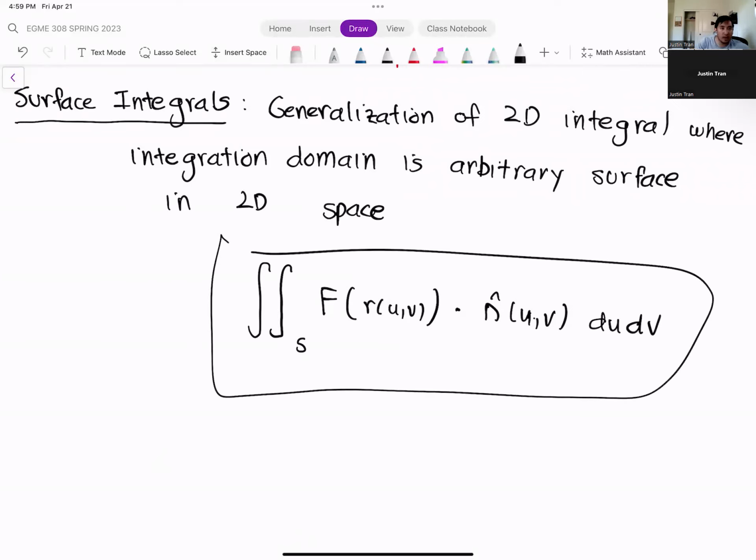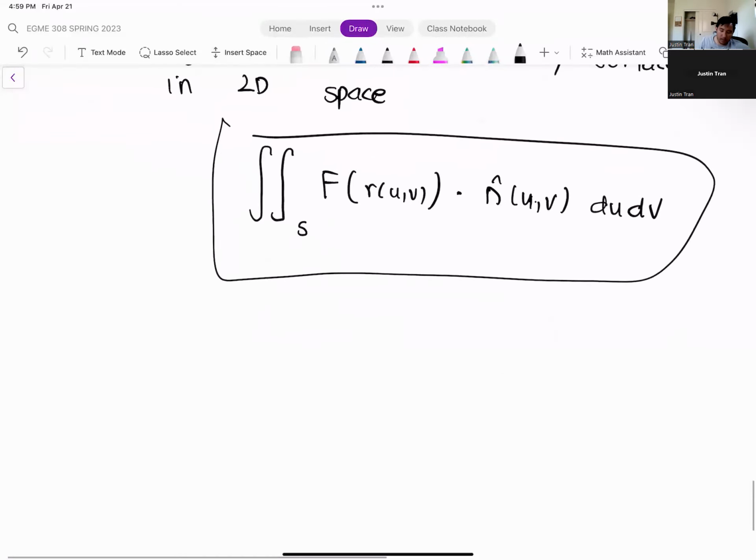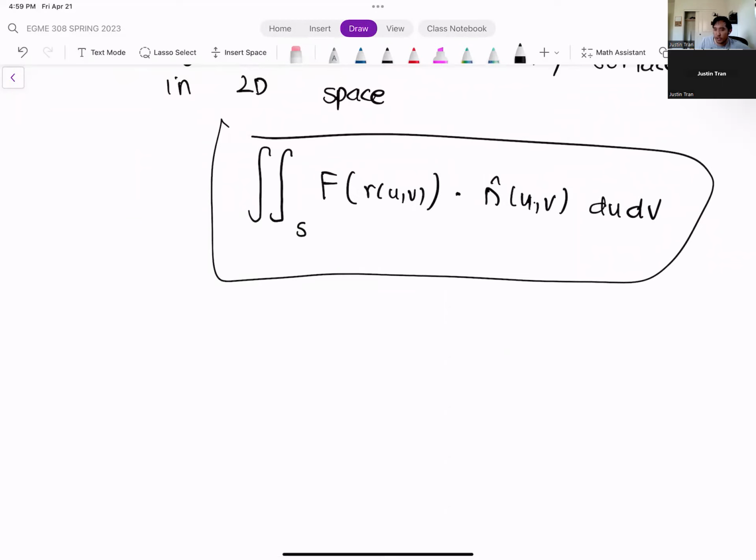Okay. And so unlike the line integrals, where line integrals are a little bit annoying to compute, but at least it's still doable, surface integrals are usually a lot more difficult to compute. And so oftentimes you're going to want to convert these into a different form to make your life easier.